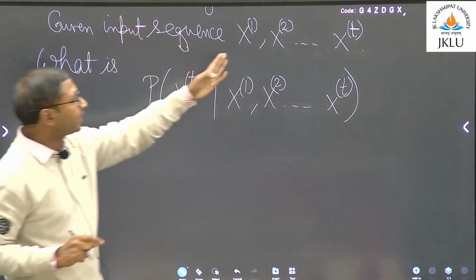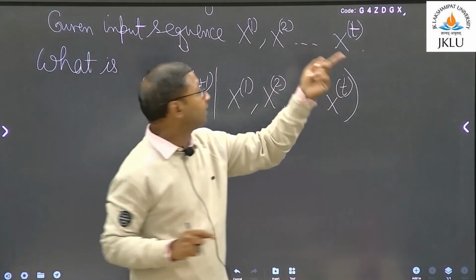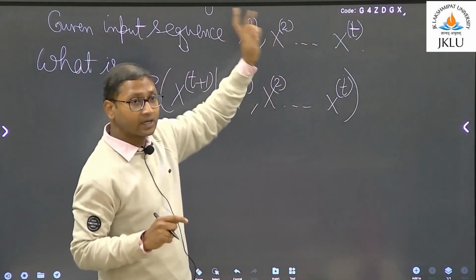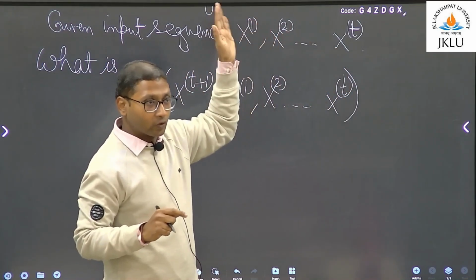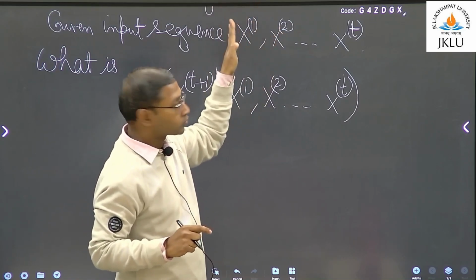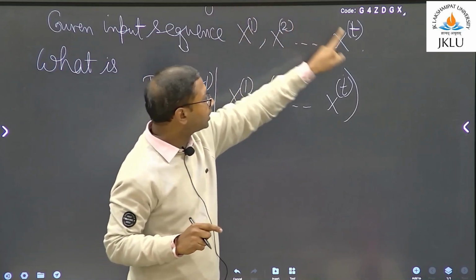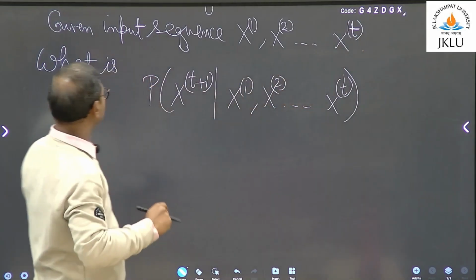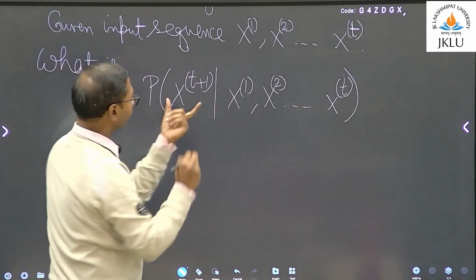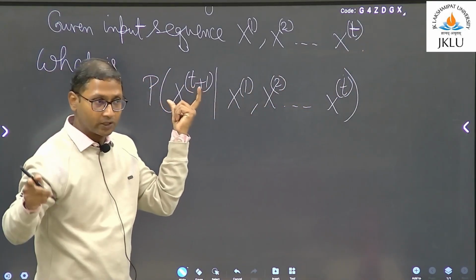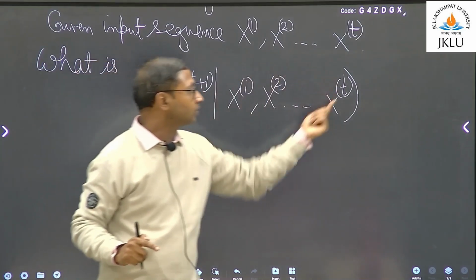It is not that x2 can come just anywhere after x1. We are talking about a sequence in a language, x1, then x2, then x3, all the way until xt. We want to compute the probability of the next word, which is xt plus 1, given all these words.